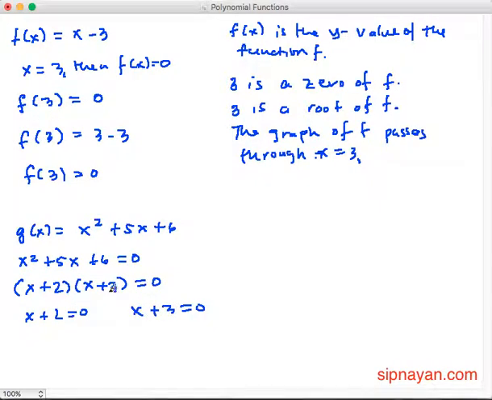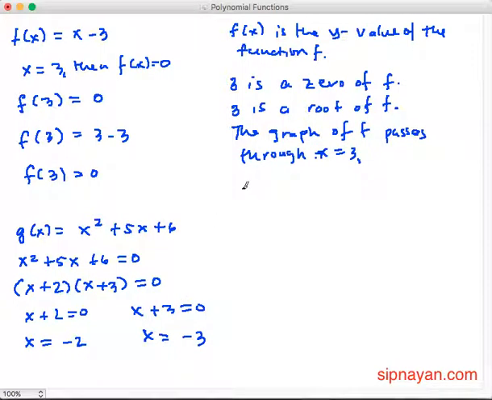Pag nag-0 naman yung x plus 3 times any number here is equal to 0. So, kaya siya magiging x equals negative 2 and x equals negative 3. Okay, I think obvious naman paano nakuha itong dalawang to. So, negative 2 plus 2 is 0 times any number here equals 0. Negative 3 plus 3 is 0 times any number here is also 0.